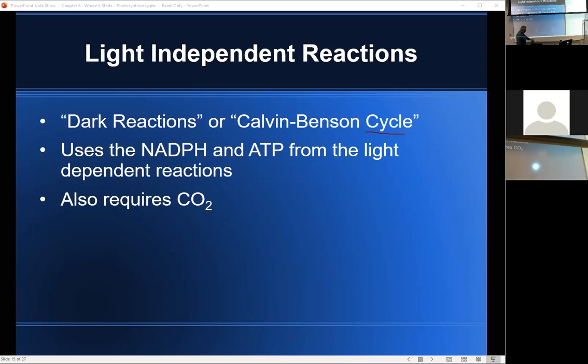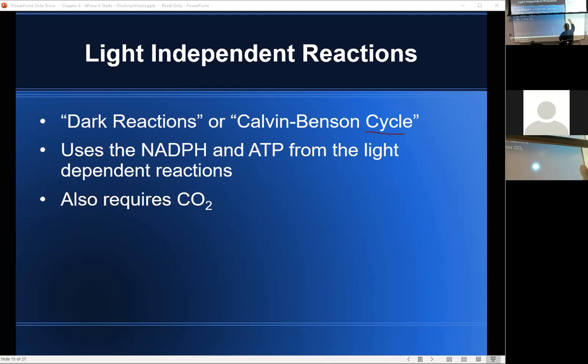Okay, so the light-independent reactions are sometimes called the Calvin-Benson cycle. So they're a type of metabolic reaction known as a cycle. And what differentiates a cycle from other metabolic pathways is that you start with the same molecule that you end with. So at the end of the cycle, the molecule that you started with is regenerated, and then it goes back into the cycle again.